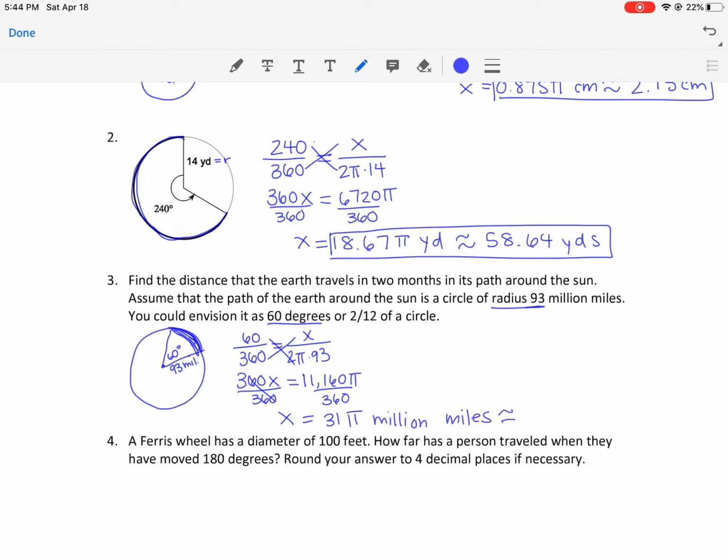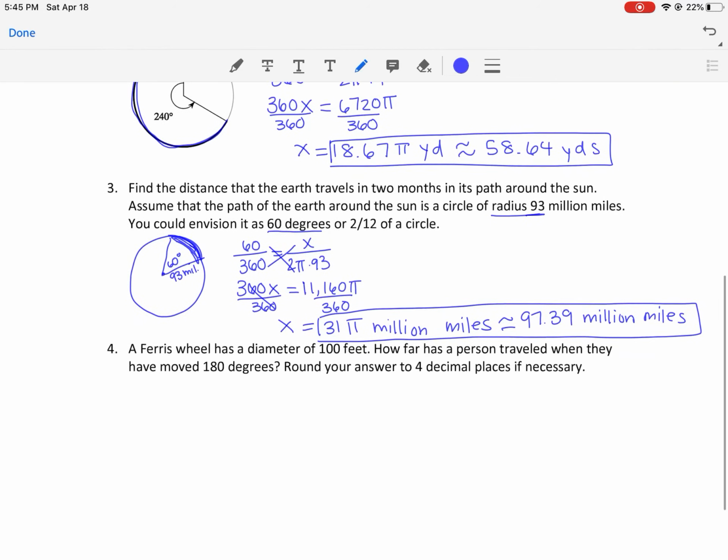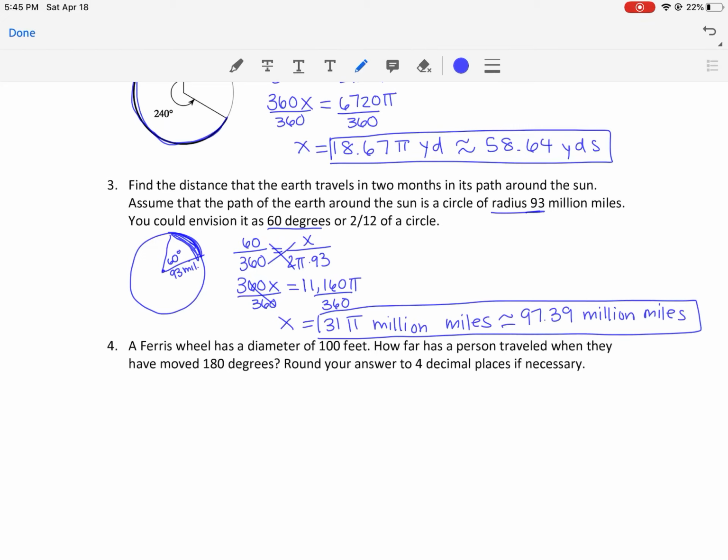However, if we wanted an approximate answer, we'd multiply 31 times pi and we'd get 97.39 million miles. Once again here, notice how we're not doing like miles squared. Squared's for area. In this case, since it's just the distance, we're just a length. We just use the same label.